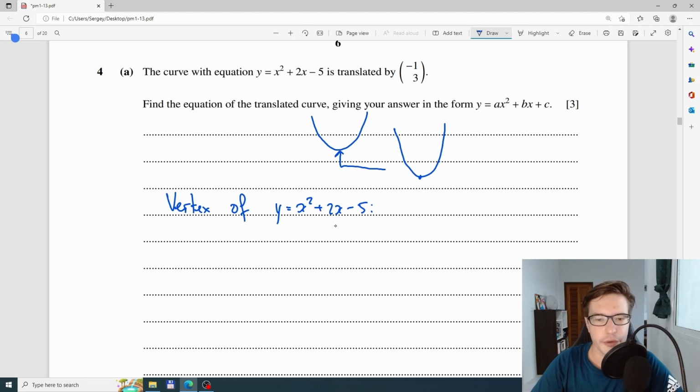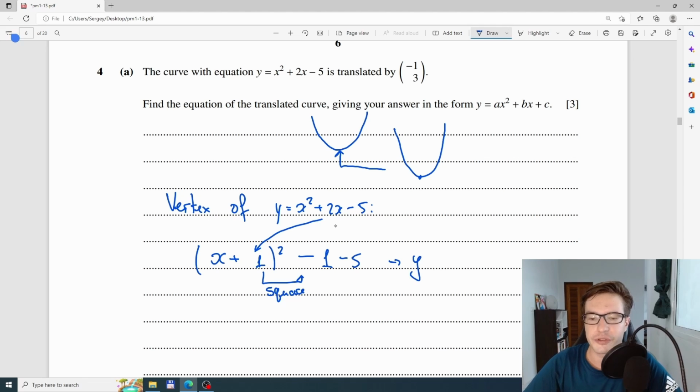I'm going to complete the square. That would be x plus a half of the number in front of x, which is 1, squared. Take away the square of that number, so minus 1 and minus 5. So we got y equals to x plus 1 squared minus 6.